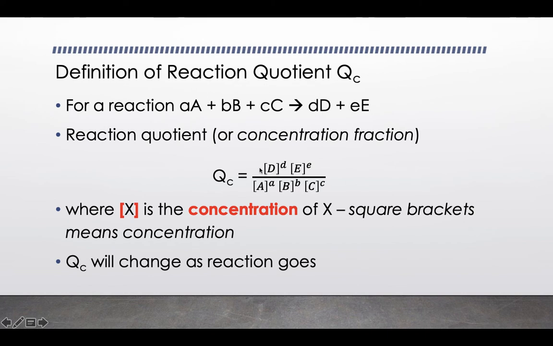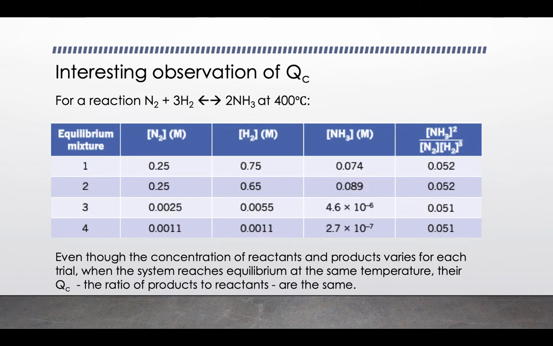As a result, your numerator is getting larger and your denominator is reducing. Therefore, Qc will increase as the reaction goes forward. And if it's a reversible reaction, Qc can also change as well. So Qc is not a set number. It will change as the reaction goes.